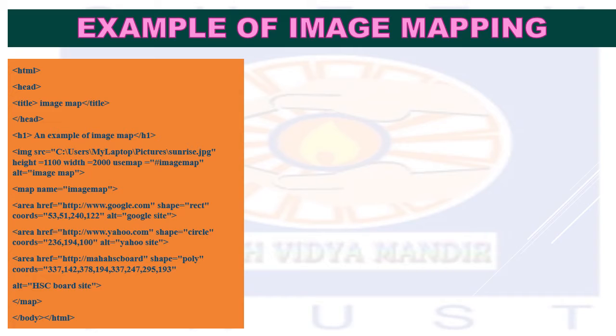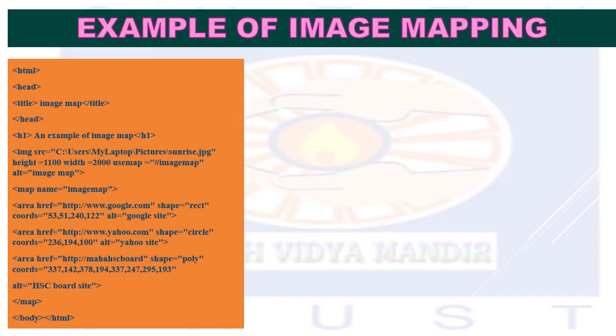You see in the IMG tag, as I said earlier, we have to use the usemap attribute also. See, this usemap is there in the image tag. Usemap with a hash image map. Image map is the name of that particular image which we are giving. And also I am giving the alternate text. Alternate text has to be given in the IMG tag itself.